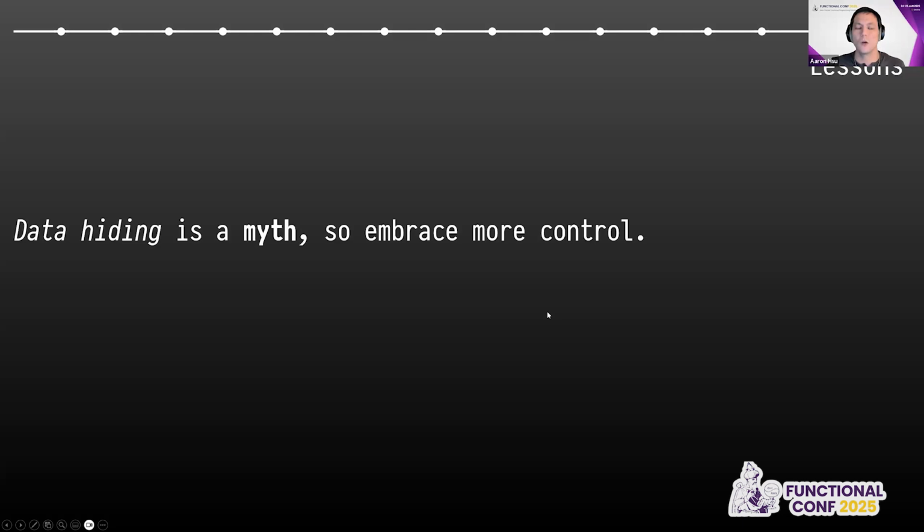So we get some basic lessons coming out of this, and we'll go through this quickly. These are general high-level lessons. I don't want to say that I have proven these here. These are just sort of my claims to get you to think about these things at a higher level now that we've talked about the tactics. So one, I'm going to claim data hiding is a bit of a myth. So instead of that, just embrace more control over your data.